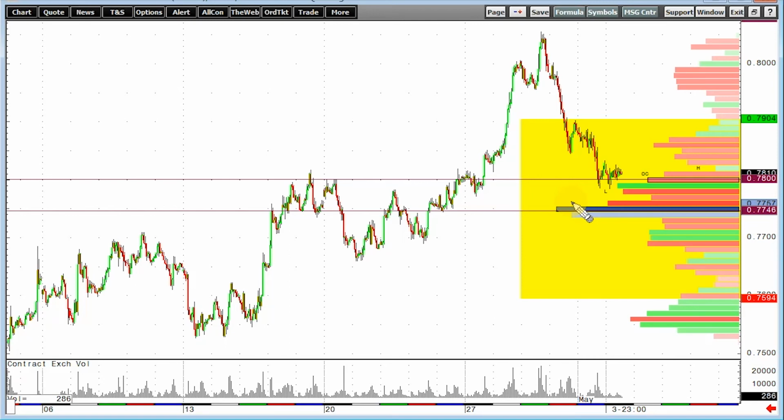Now, if they do cut rates, along with the article that came out, now that it's fairly baked in, and the last I saw was about a 70% chance of a rate cut, a critical area of support is going to come in at the 77.50 region.